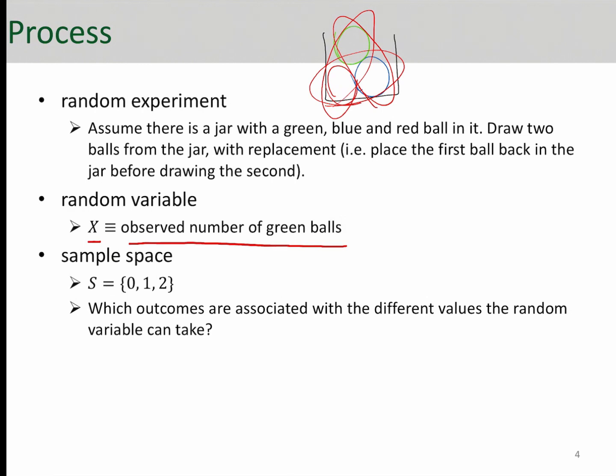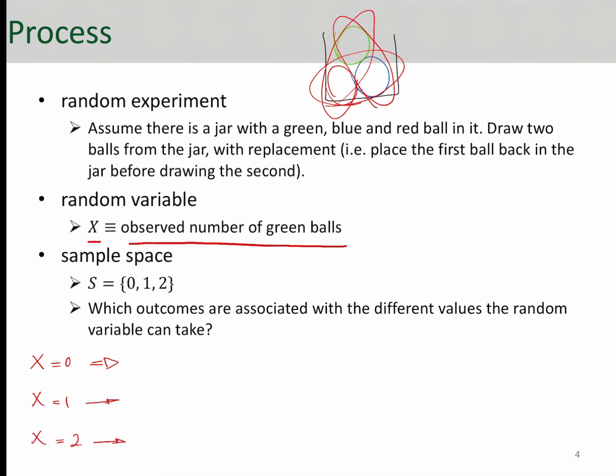And I want you to think about what those outcomes are. Which outcomes are associated with different values of this random variable? So if I ask you, when x is equal to 0, what are those outcomes that give me x of 0? Same for when x is equal to 1 or when x is equal to 2.